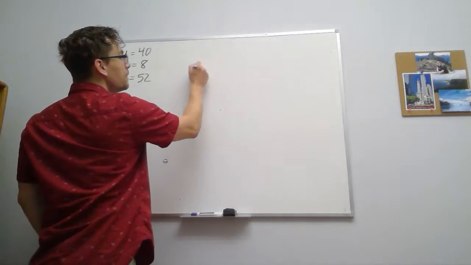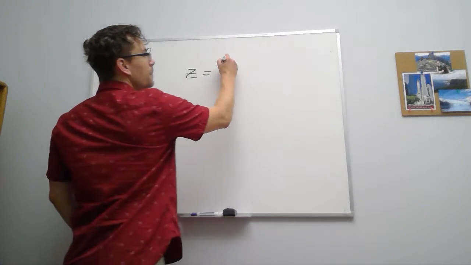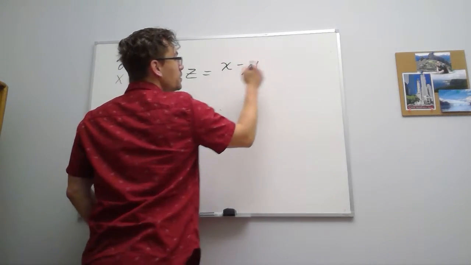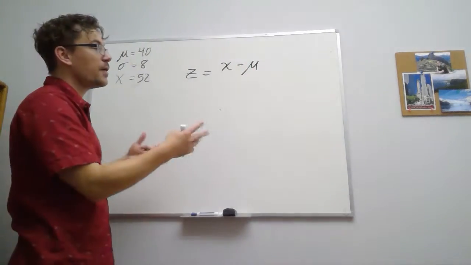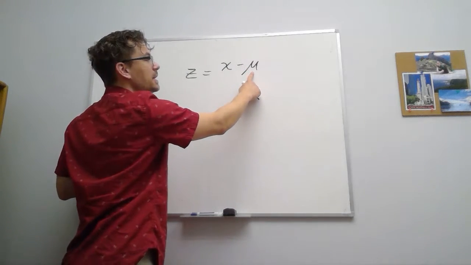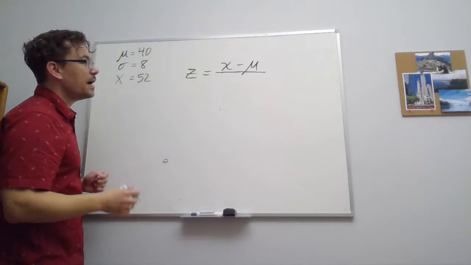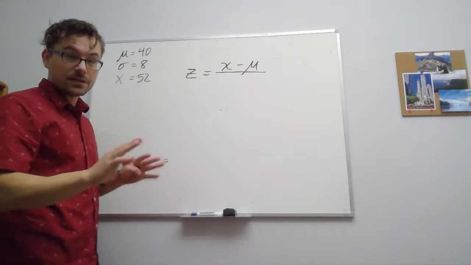So z for a single observation is going to be x minus mu. This is basically saying how far away from the real mean, the center of our data, is our observation. And then we're dividing by sigma, since it's a single observation.